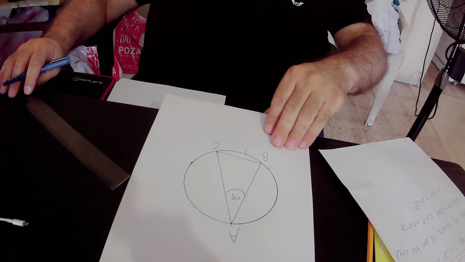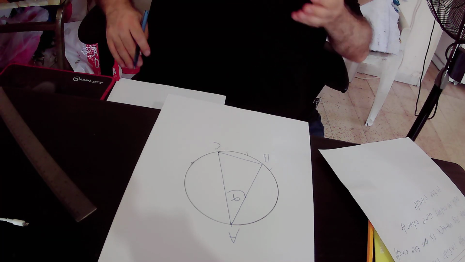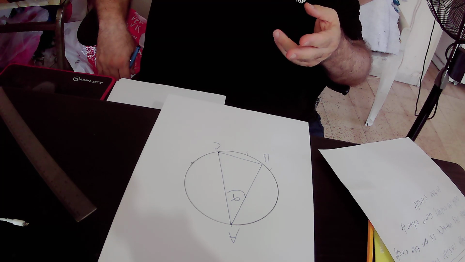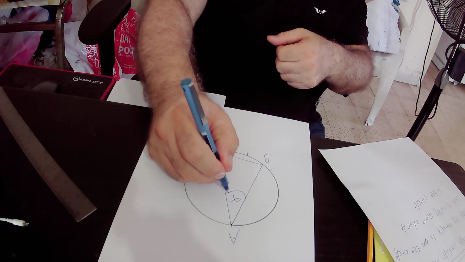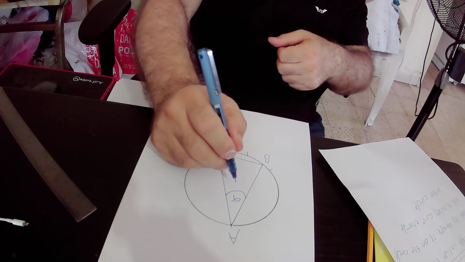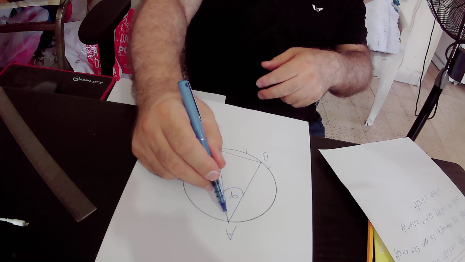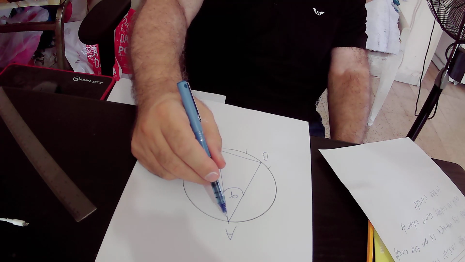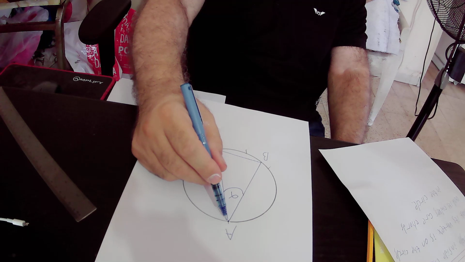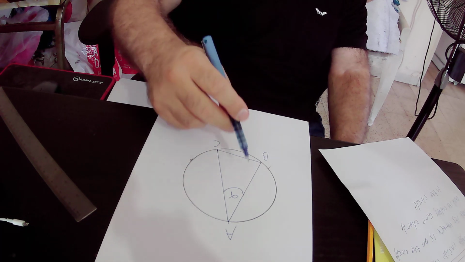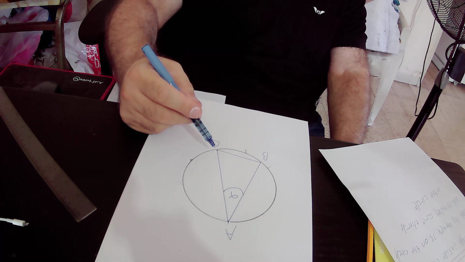Angle alpha in the drawing is a peripheral angle because its vertex is on the circle. Its vertex is at point A, and point A is a point on the circle, and its curves are chords in the circle.